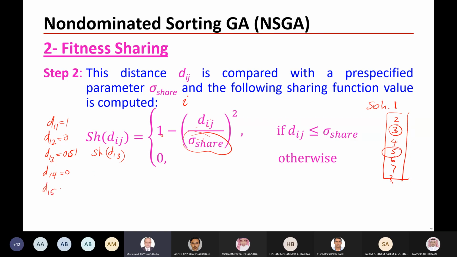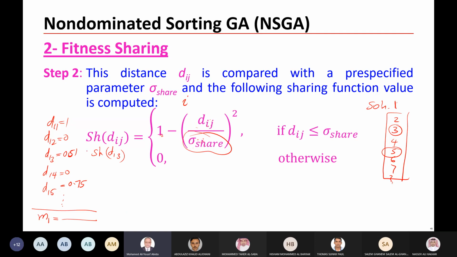The distance here is, for example, 0.5 of this. Squared it is 0.25, and 1 minus that is 0.75. And so on. Summation, this is M1. You calculate it. This is M1.